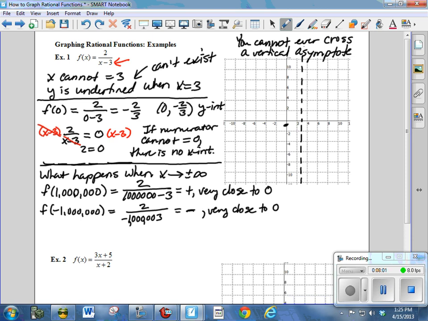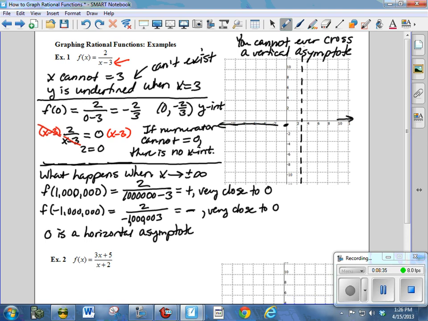So f of 1,000,000 is close to 0 but positive as I go to positive infinity, and close to 0 but negative as I go to negative infinity. What that tells me is that 0 is a horizontal asymptote, because as x gets really, really big, y is leveling off to 0.